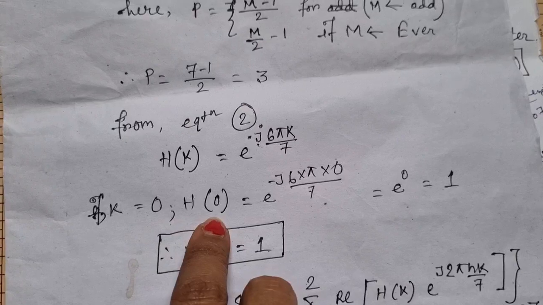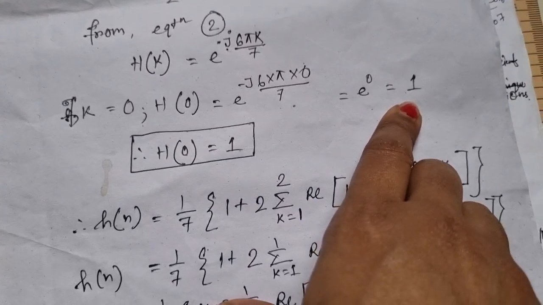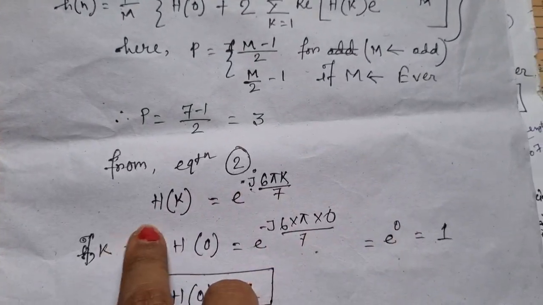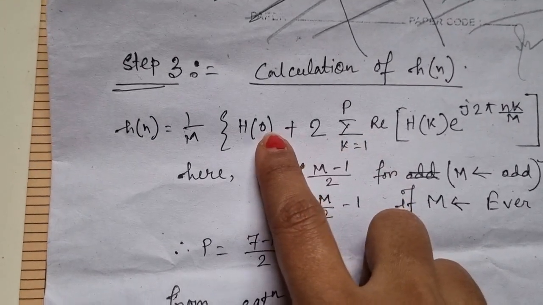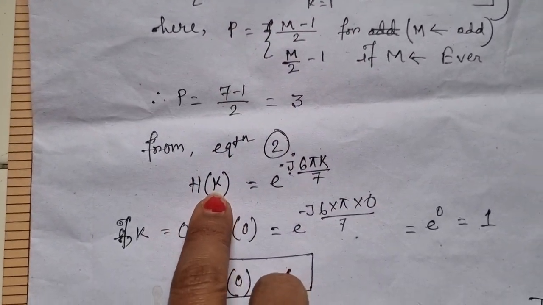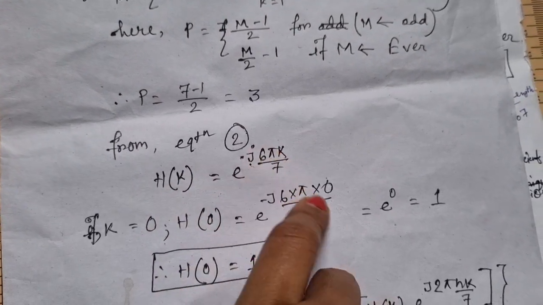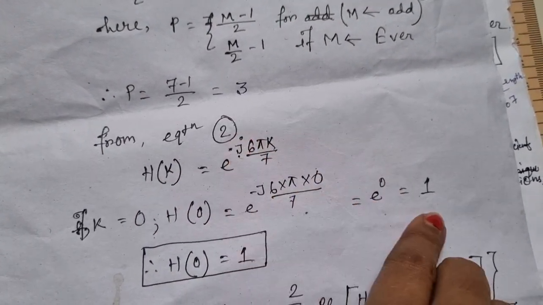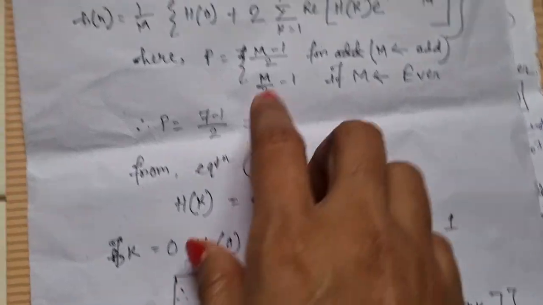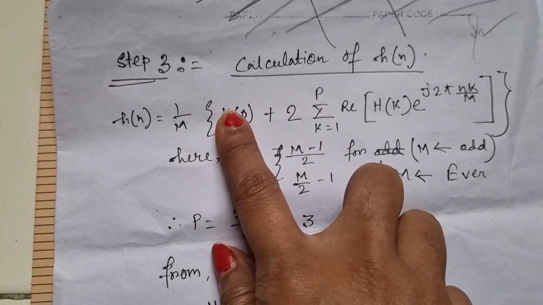When the k value is 0 we get 1, because we have h of 0. With the same formula, h of k with k value 0 gives e to the power 0, which is nothing but 1. So always we put 1 here.